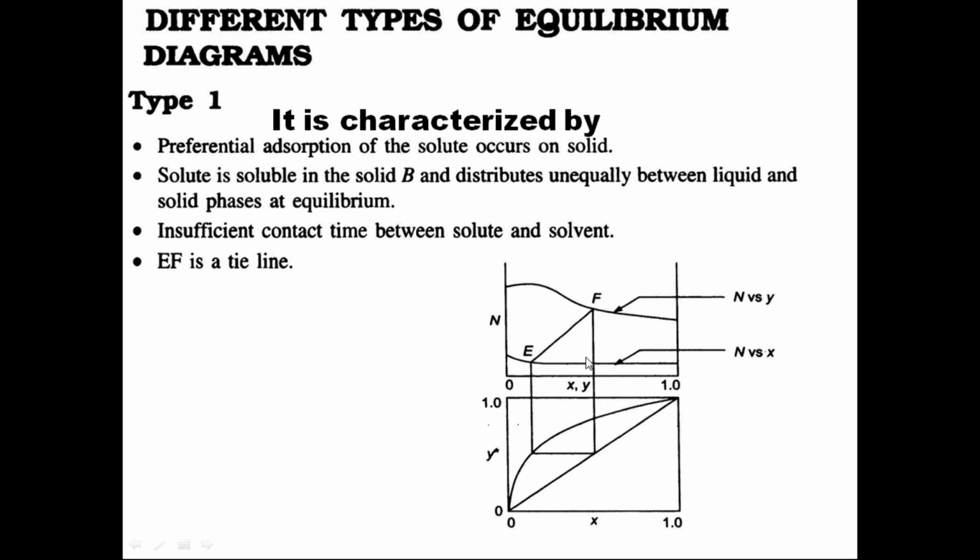Once the solute is dissolved in the liquid phase, it has certain adsorption back, so that's why you find Y is greater than X. Once X increases to a certain level, it then decreases due to the adsorption. This is the type 1 equilibrium diagram.